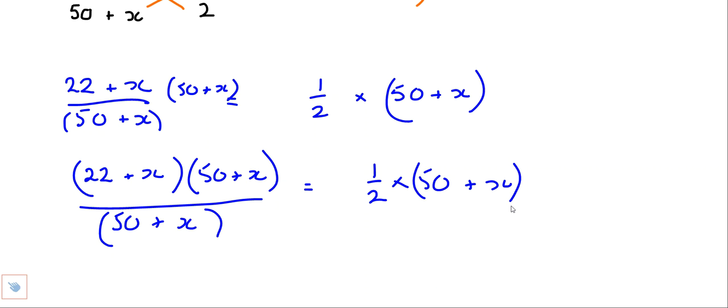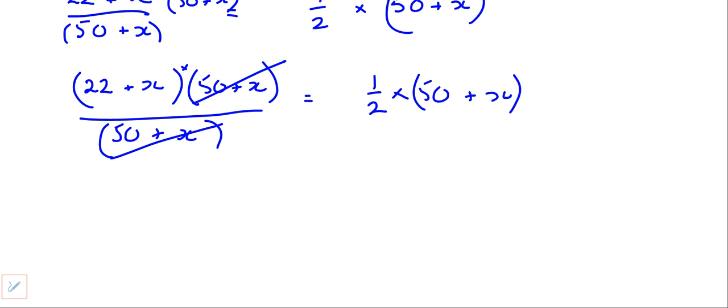The multiplied by both sides. Now the effect of doing that is that this 50 plus x can cancel with that one, because 50 plus x divided by 50 plus x is 1. Because there's a multiply, it's a common factor, so I can get rid of it.